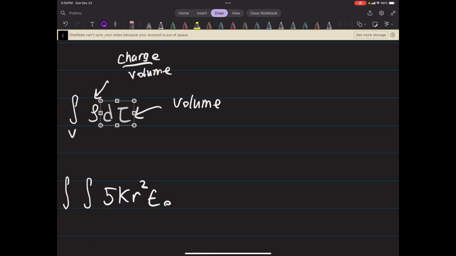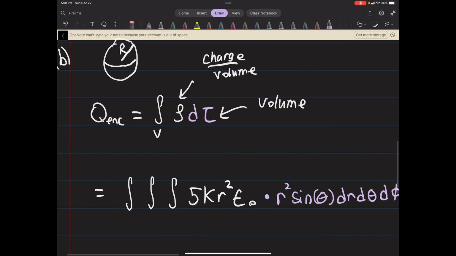Then our bounds of integration, we're going to go from 0 to r for the radial part, 0 to pi for the theta part, 0 to 2 pi for our phi part.